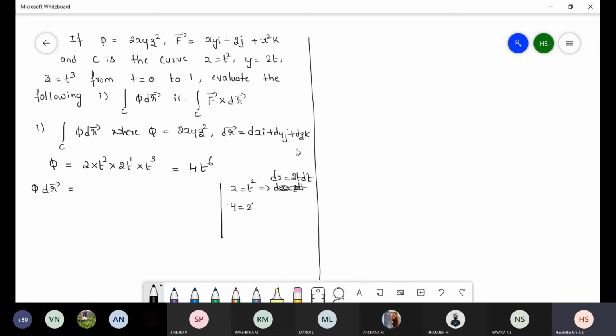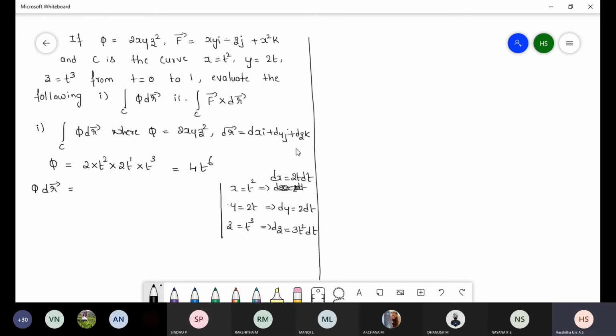Y is equal to 2t, so dy is equal to 2 into dt. Z is equal to t cube, so dz is equal to 3t square into dt. So these are the things I will substitute now.